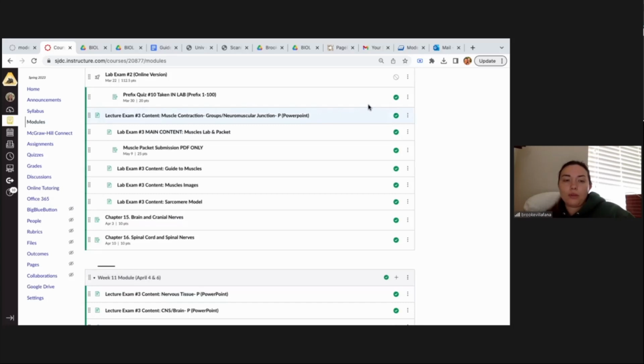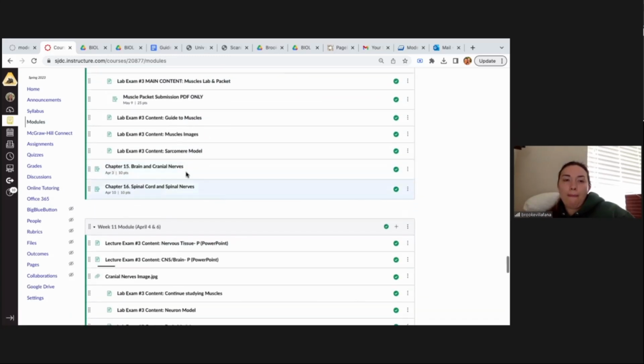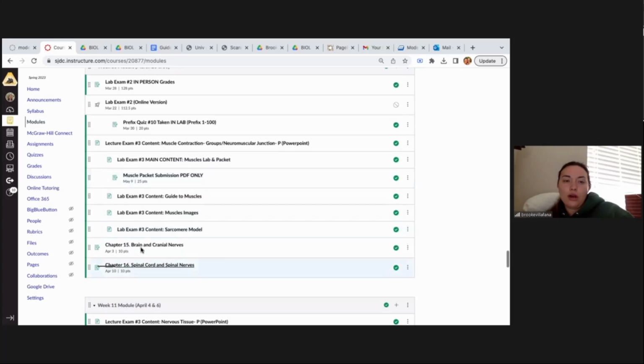Because nobody's really done the lecture yet, my belief is that SI is more helpful when you guys have already done it. I can go over the sarcomere model. That's one of the things we can do with our time.